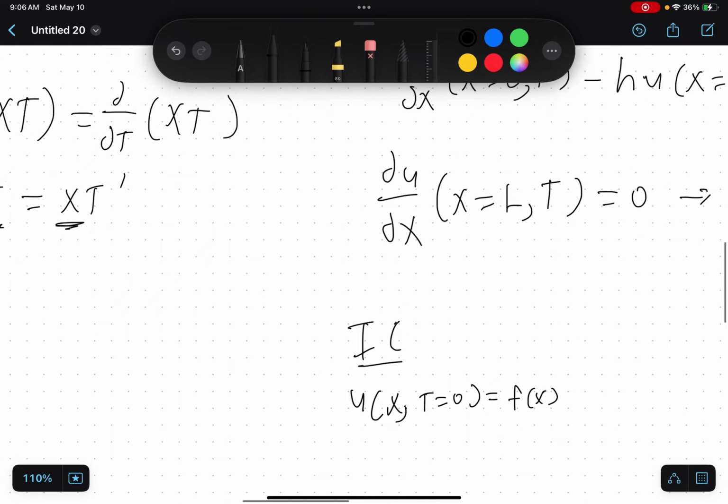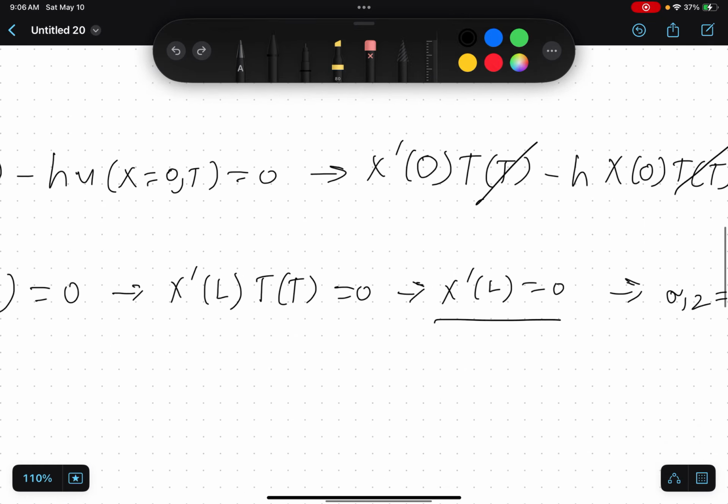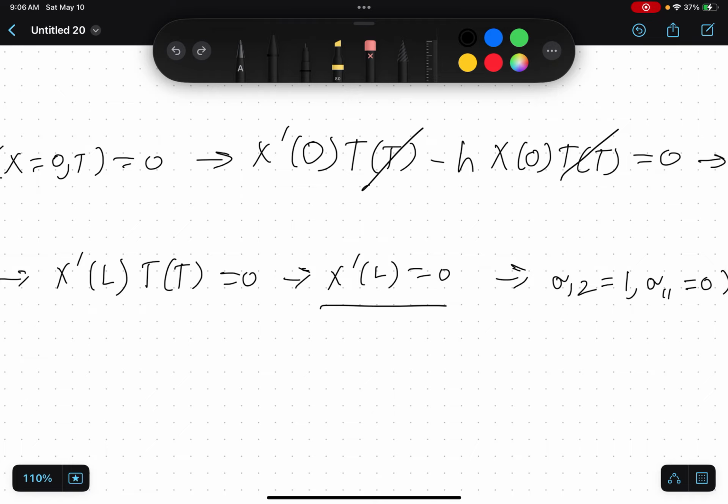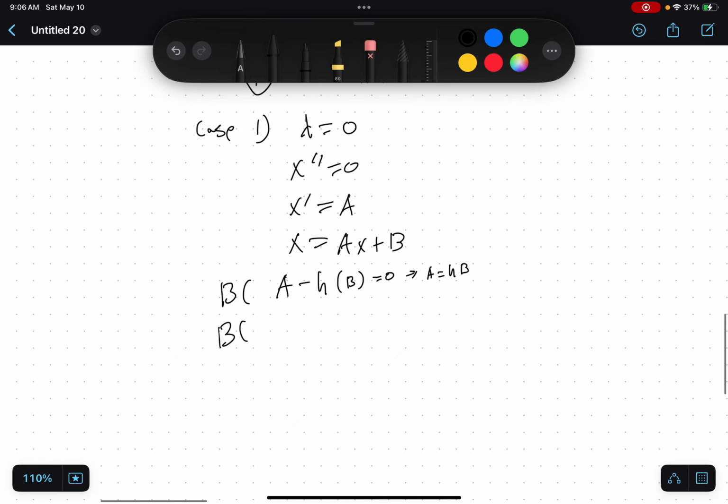What's our next boundary condition? This one. X prime at L equals 0. What would that look like?